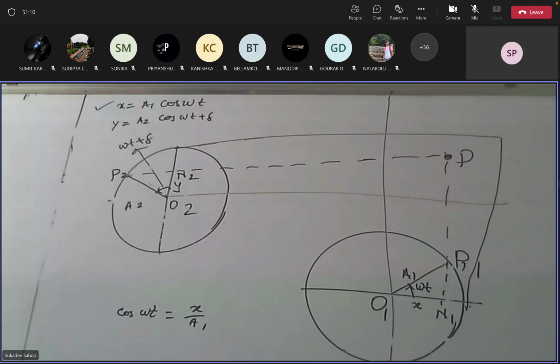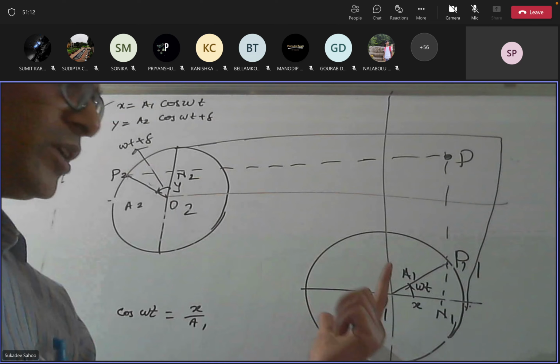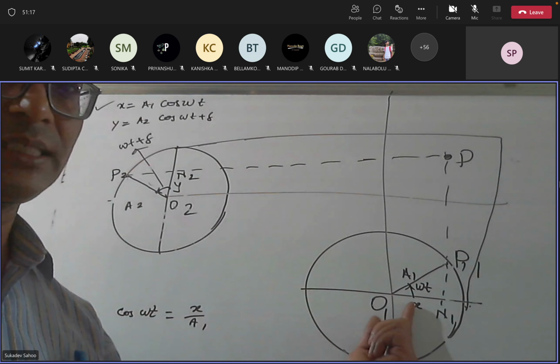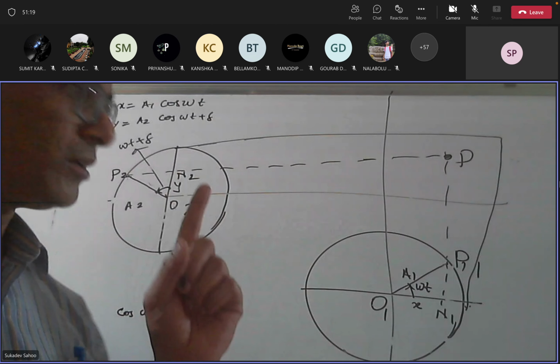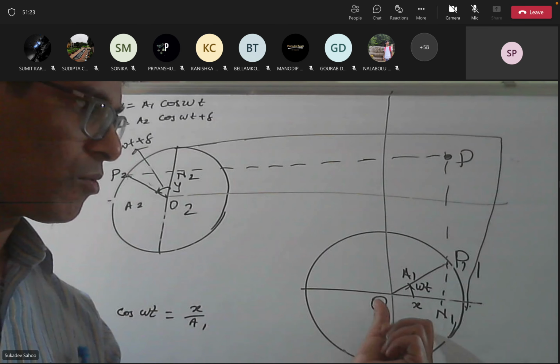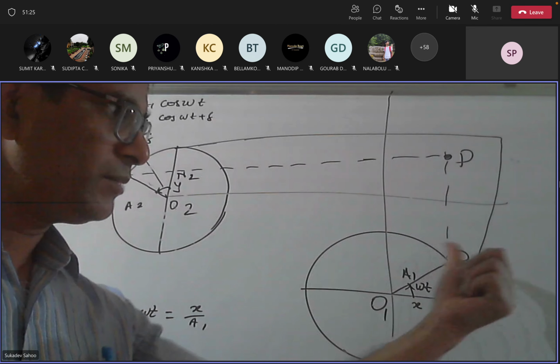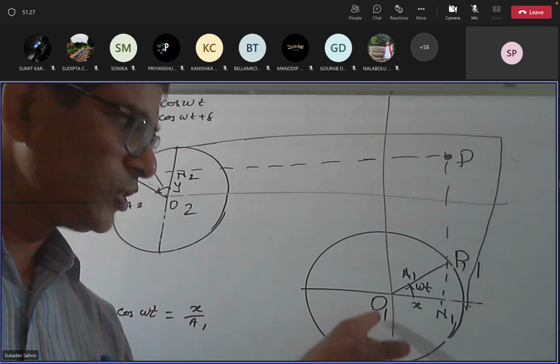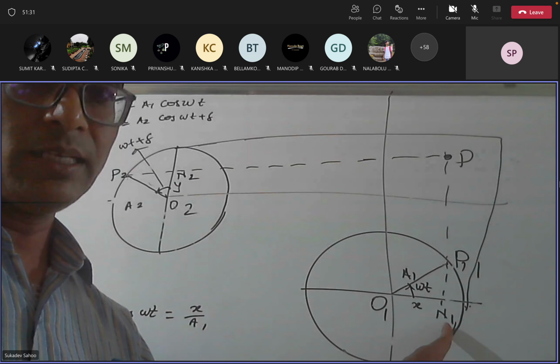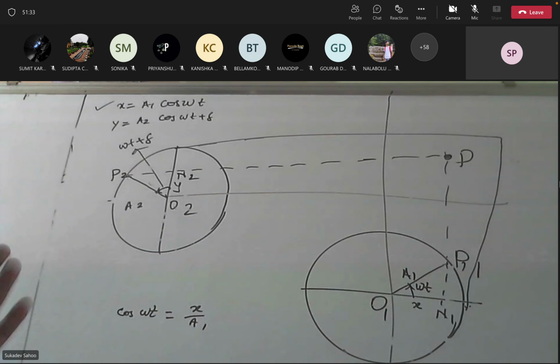Now suppose there is one particle, and if only this SHM acts on the particle, then the projection of O1P1, that is the motion of O1N1, represents the motion of the particle.